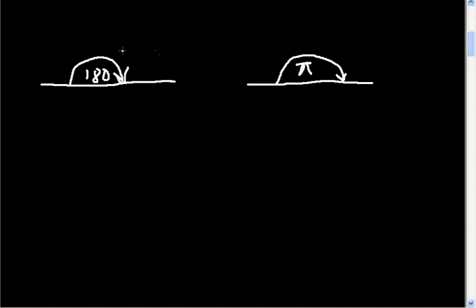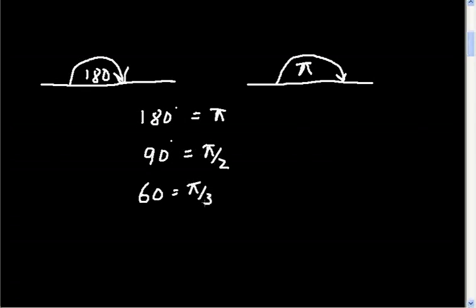You'd measure angles using degrees or radians. Because we know that 180 degrees is pi, 90 degrees therefore would be pi by 2, and 60 degrees would therefore be pi by 3.